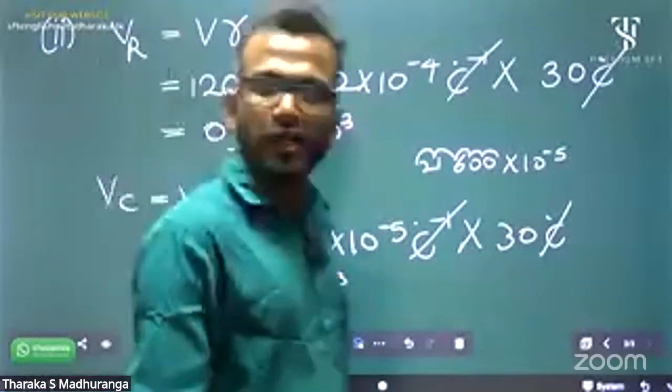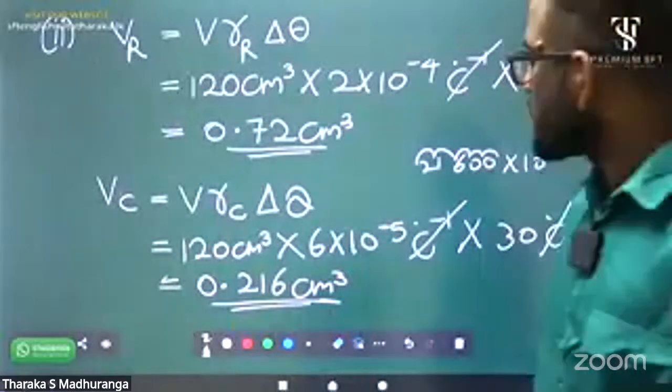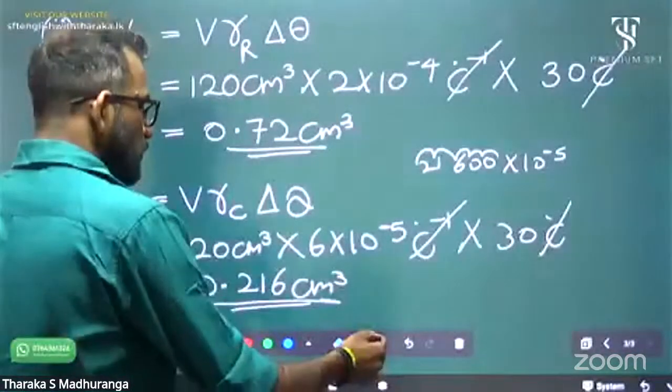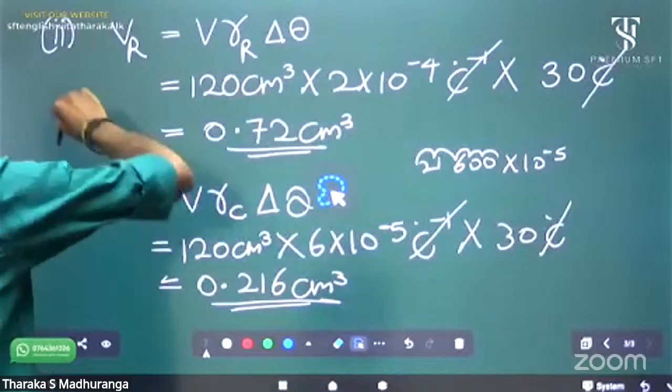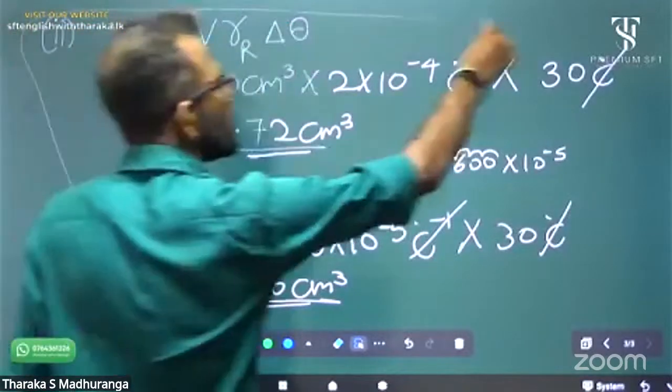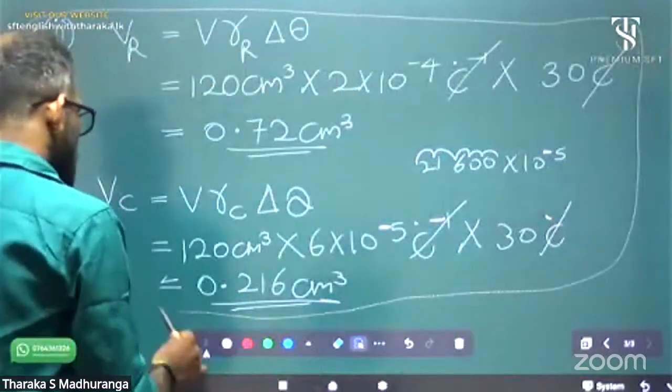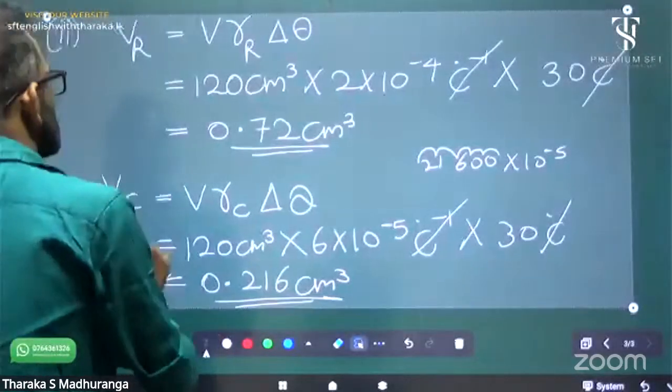This is the container volume expansion. Now you already know the container volume expansion as well as the real volume expansion. Then you can calculate the apparent volume expansion very simply.